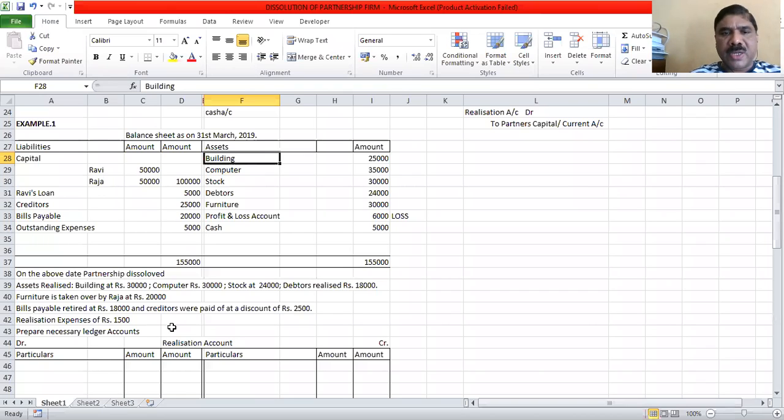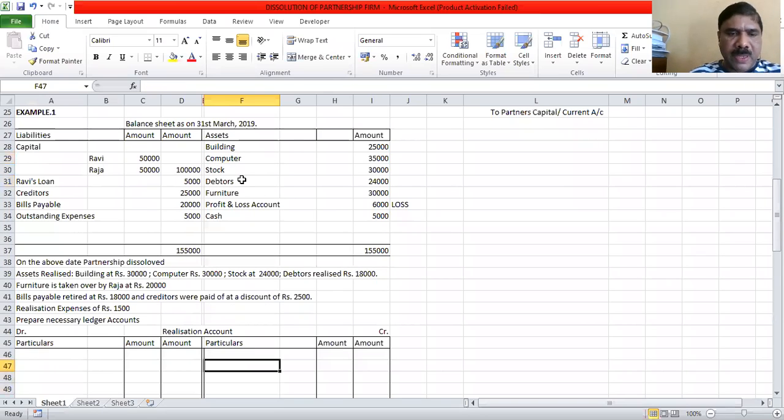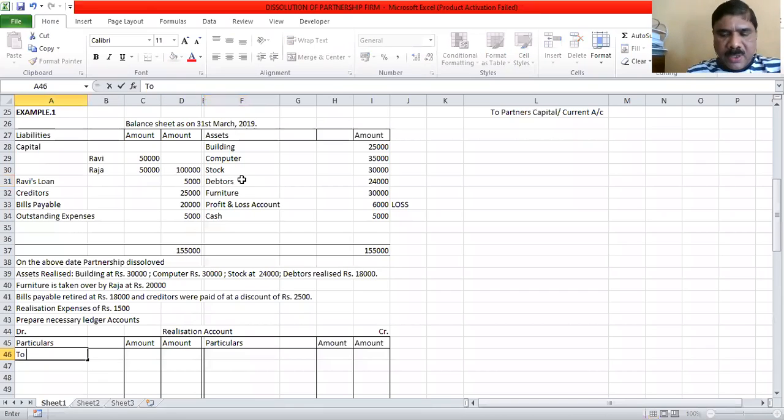Which side of the realization account? The debit side. Why the debit side? Assets show debit balances. Therefore, we write to the debit side of the realization account. You can write like this: to sundry assets.